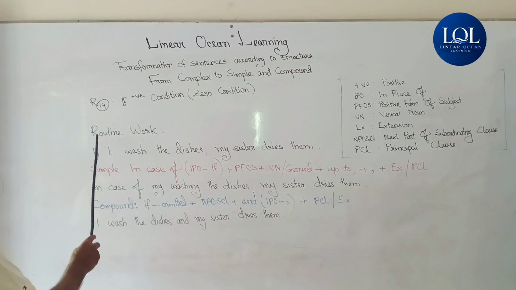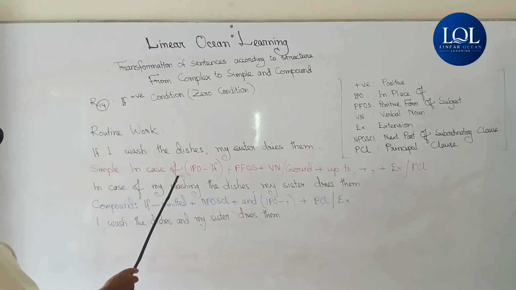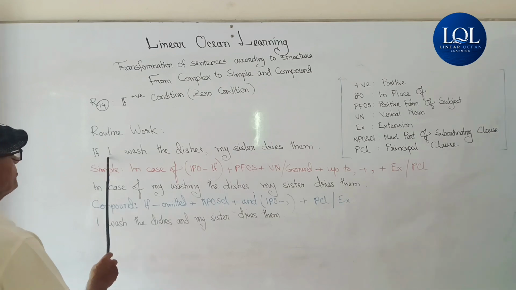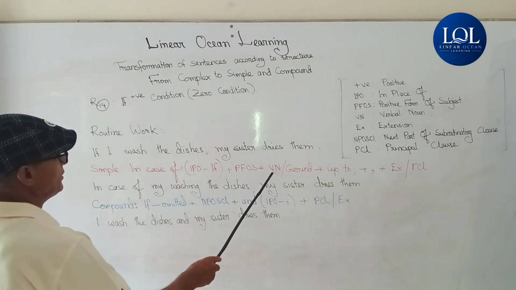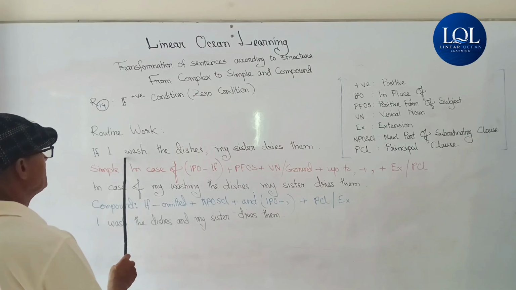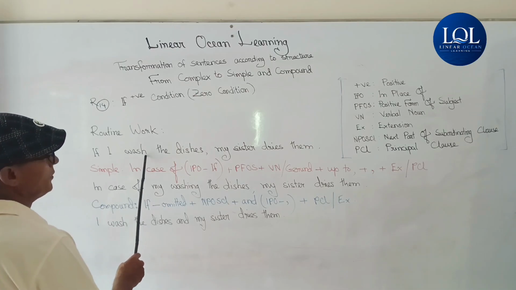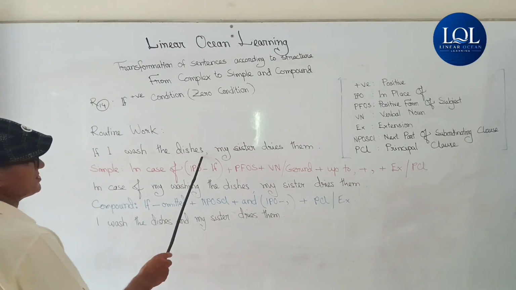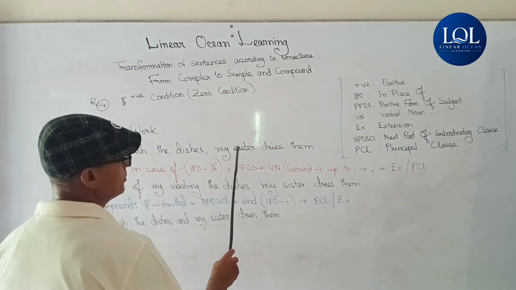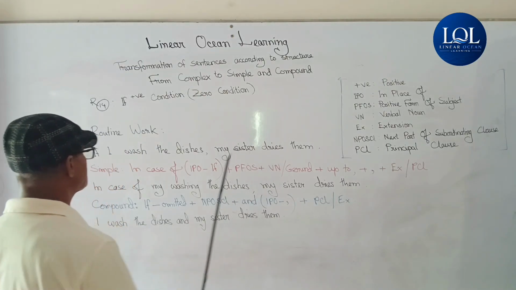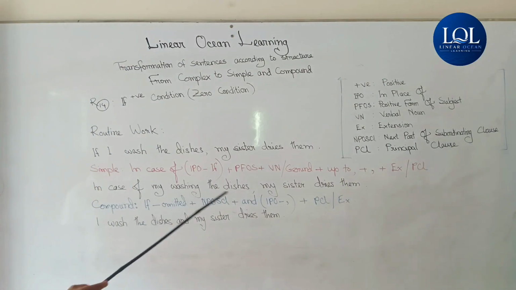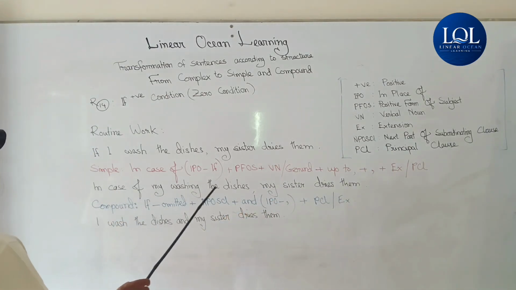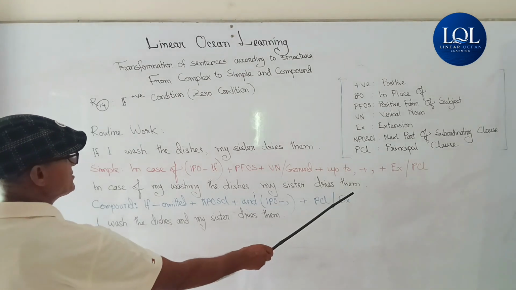In case of IPO if, that means in place of if, we have to write in case of, plus possessive form of the subject my, then verbal noun or gerund. Wash, the verbal noun of wash or gerund will be washing. Then up to comma, the dishes, plus comma, plus extension or principal clause. In case of my washing the dishes, my sister dries them.